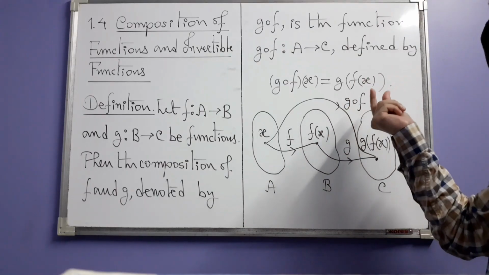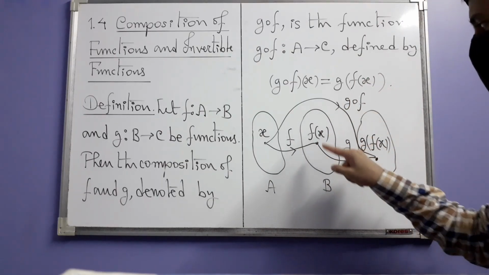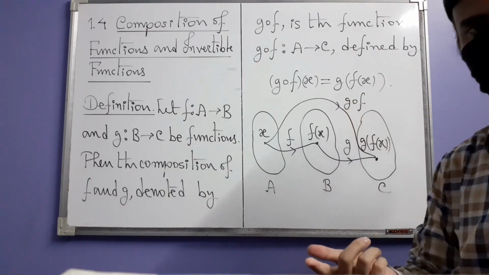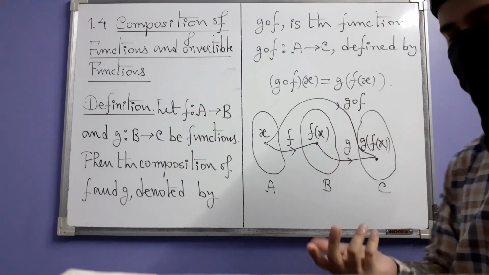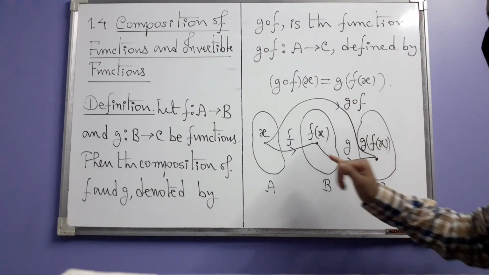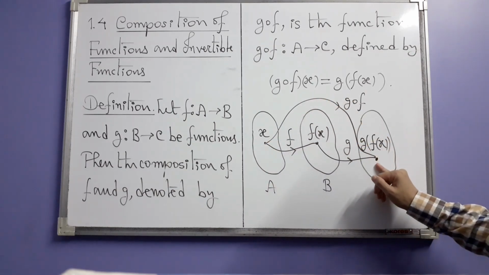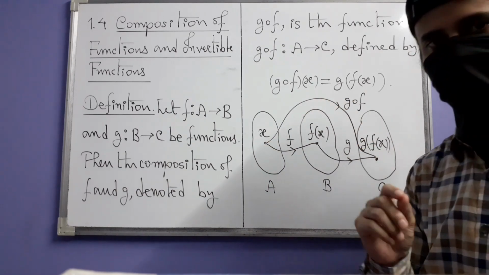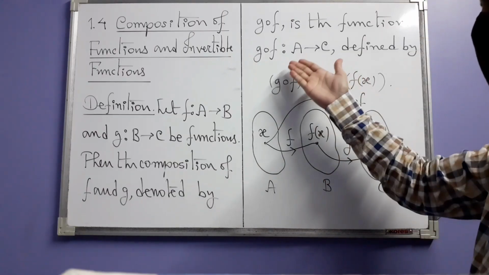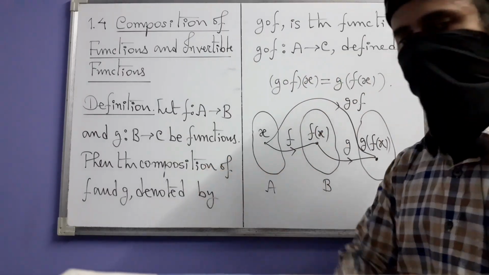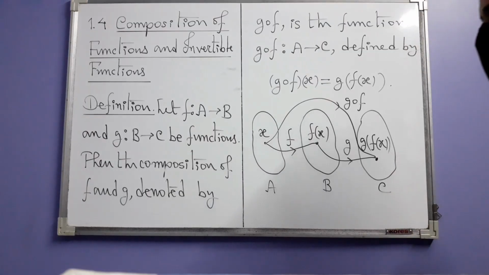And for that f of x in B, there exists a unique element in C which g is giving you, which is associated to f of x, and that is g of f of x. So for each element x in A, you are getting a unique element g of f of x in C. So yes, really this is a function, and this is said to be the composition of f and g.